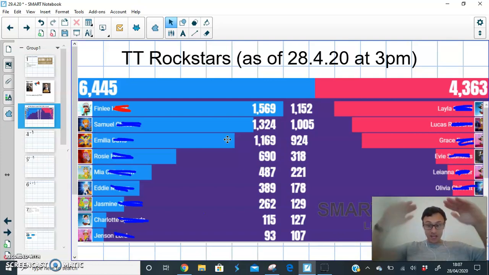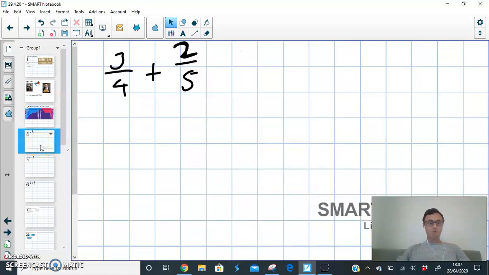So Finn and Layla first place for their classes, Sam and Lucas second place, Amelia and Grace third place. But obviously all the children that are going on, really well done. See if you can get even higher and get onto the podium for first, second and third place. I look forward to seeing those results on Friday.